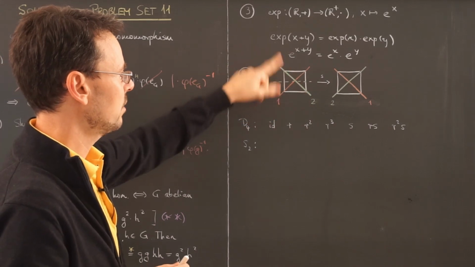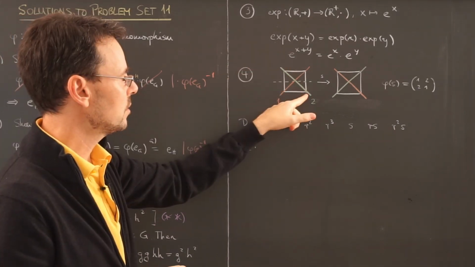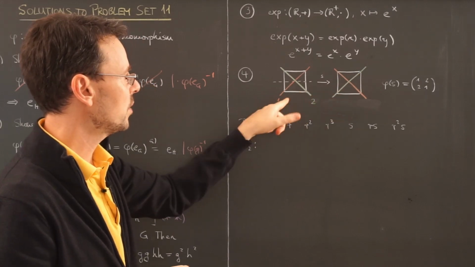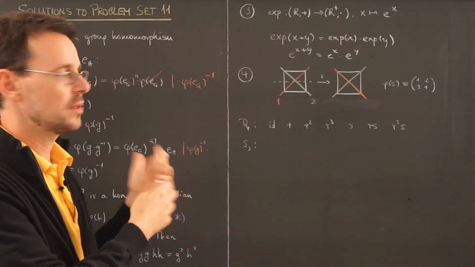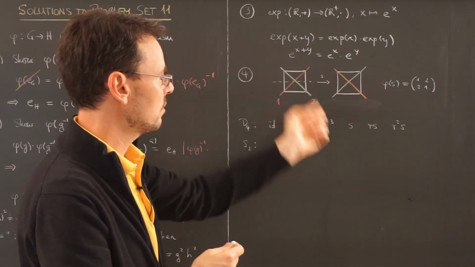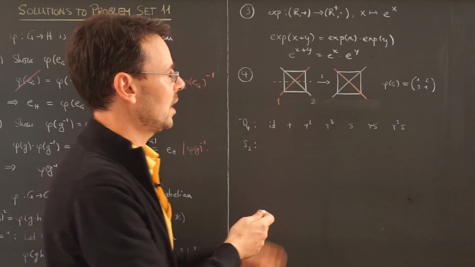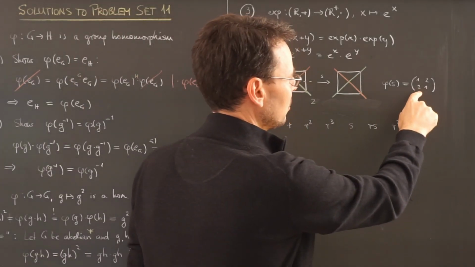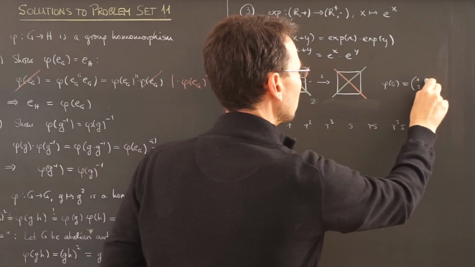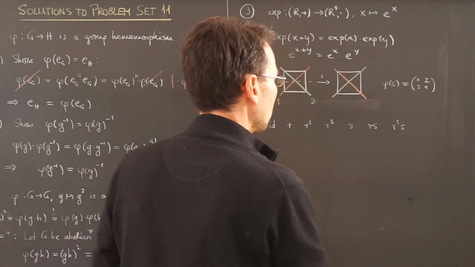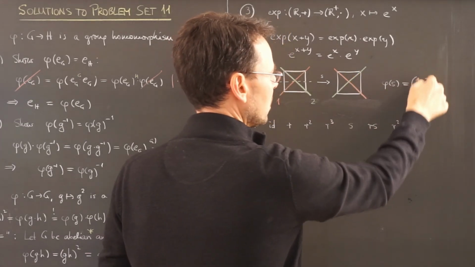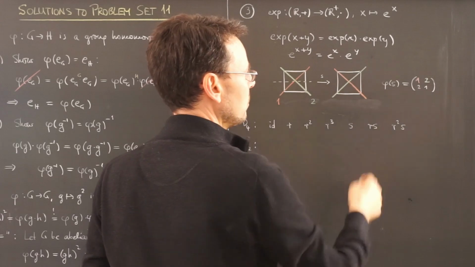If I reflect the square, so this green diagonal becomes this green diagonal, which is what diagonal 1 was to begin with, and also here, the red one goes to the place of the second green diagonal. So in permutation notation, I would say that diagonal 1 here goes to where number 2 was, and diagonal number 2 goes to where 1 was.